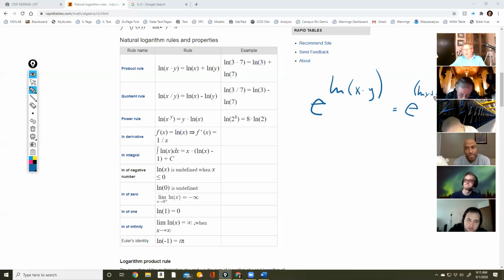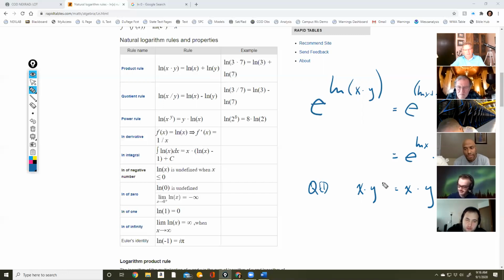But that's just e to the natural log of x times e to the natural log of y. Right? Because when you are summing any number to a power, a plus b is just this times that. But I know that this is equal to x times y. And e to the natural log are inverse functions. So the left side is x times y. And then I write QED.